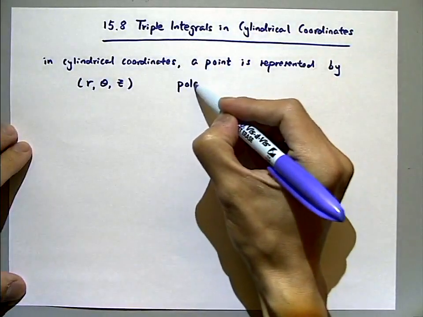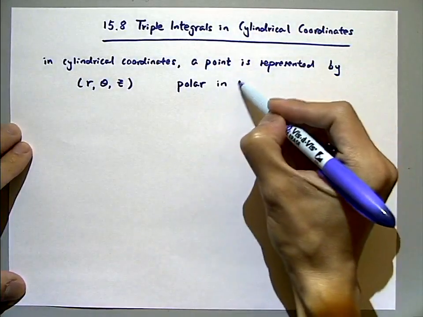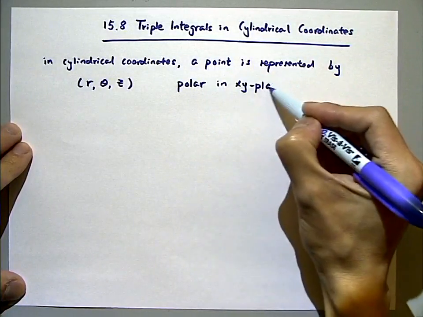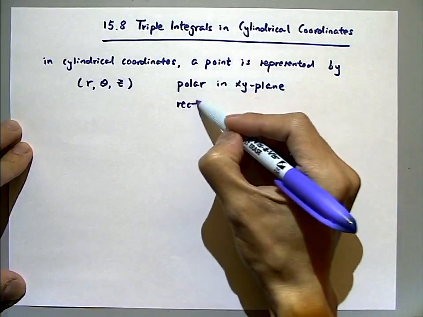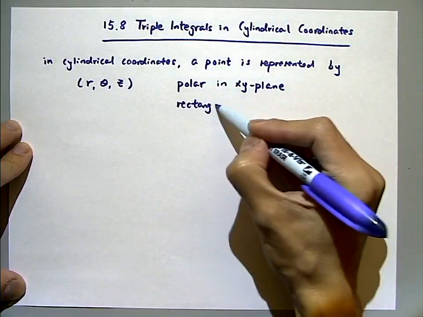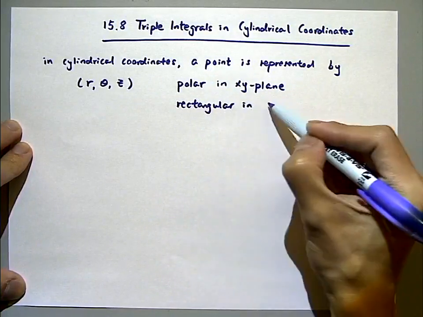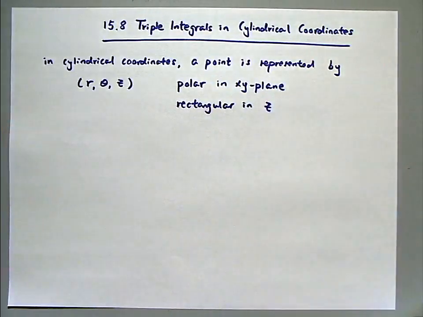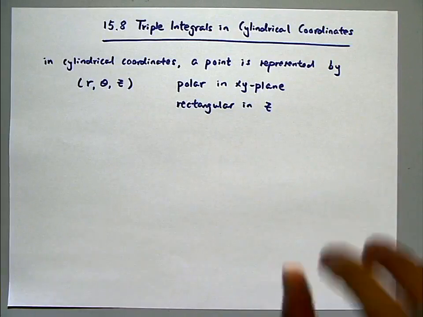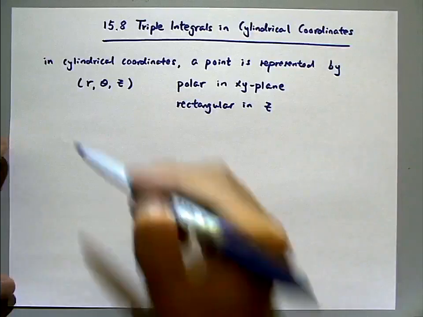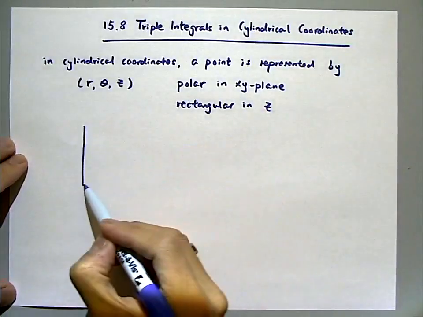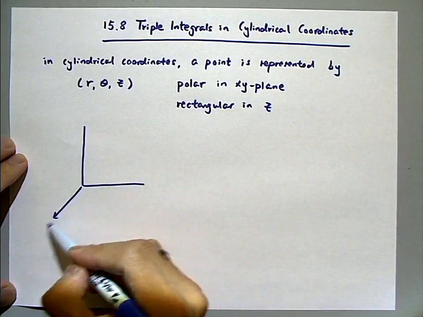So what's really going on here is you have polar in the xy plane, so you get your r and theta, and it is a rectangular coordinate system in z. Think of it as a hybrid system. In the xy plane, it's a polar system, but the height is given by the usual Cartesian z. Hybrid system. So a point in three-dimensional space.